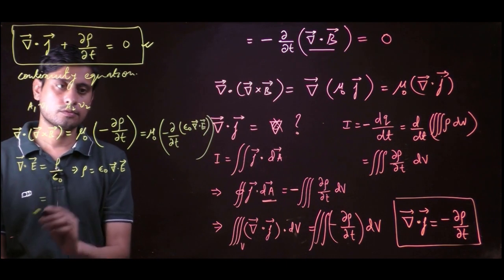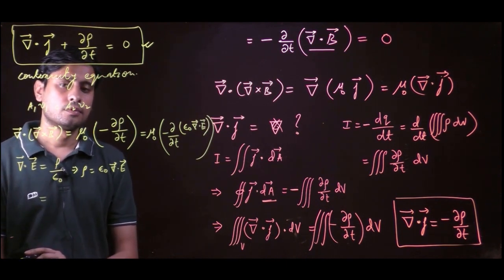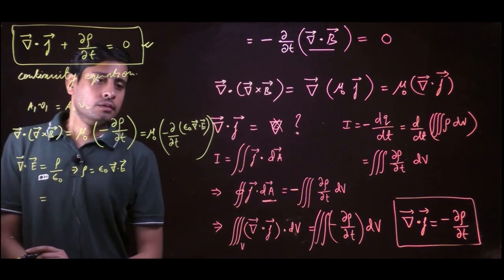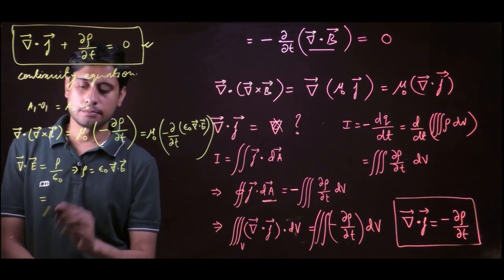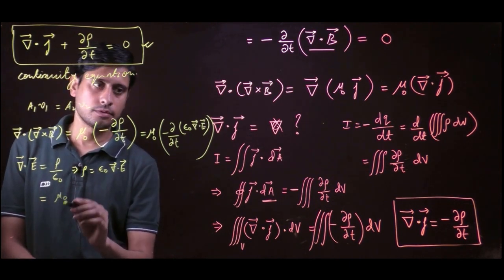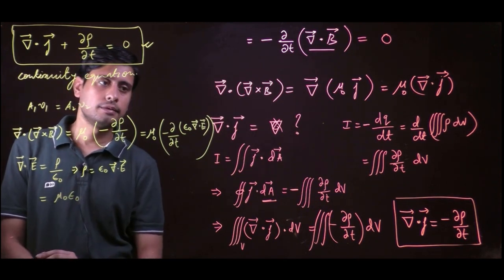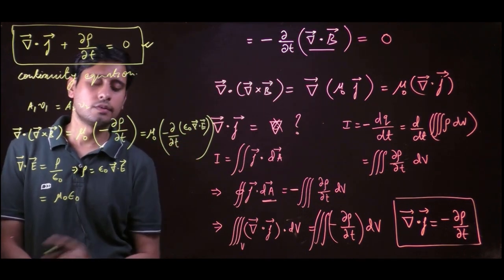Now we will have to write it as mu naught epsilon naught, and this del term, we will swap these two differentials.